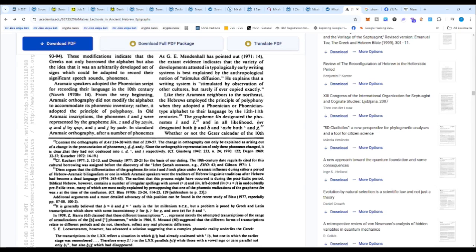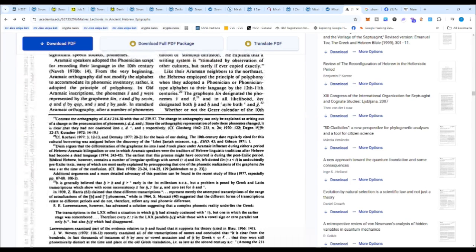The grapheme sin designated the phonemes s and sh, and in all likelihood, he designated both h and he, and in both I and G, and it shows the G grapheme.